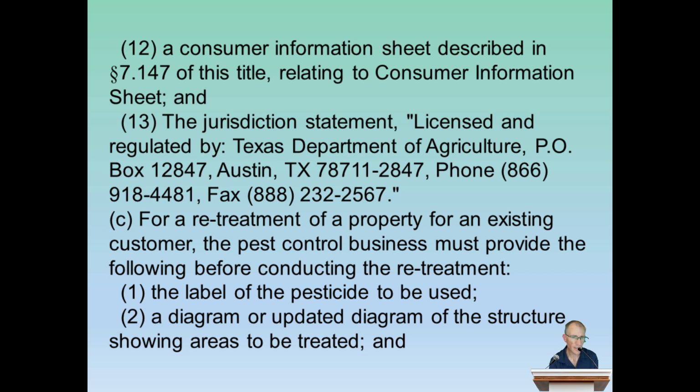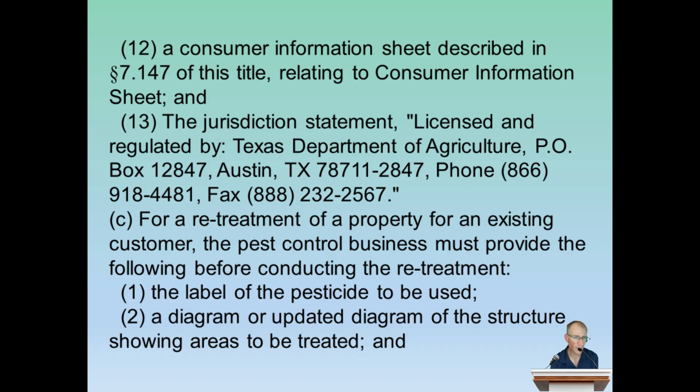The jurisdiction statement, licensed and regulated by Texas Department of Agriculture, P.O. Box 12847, Austin, Texas 78711-2847, phone 866-918-4481, fax 888-232-2567.